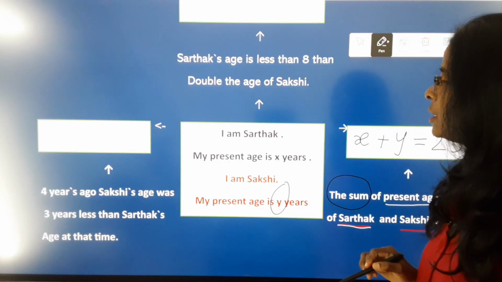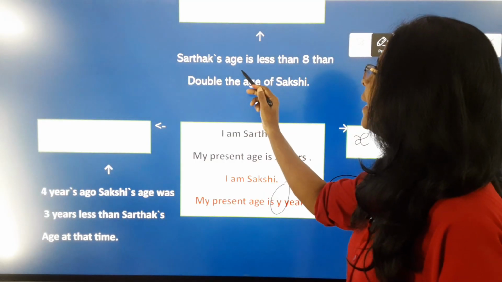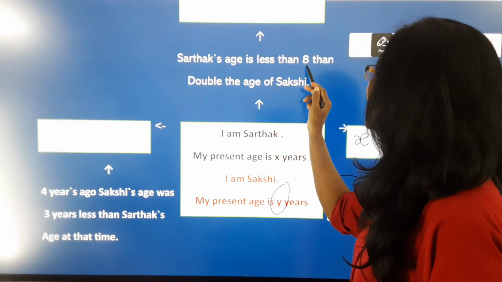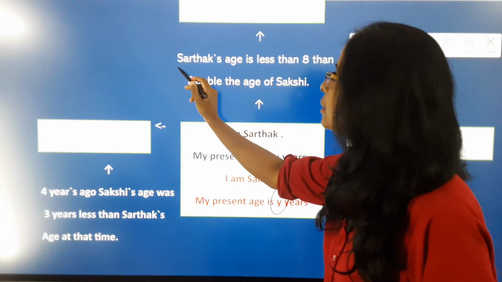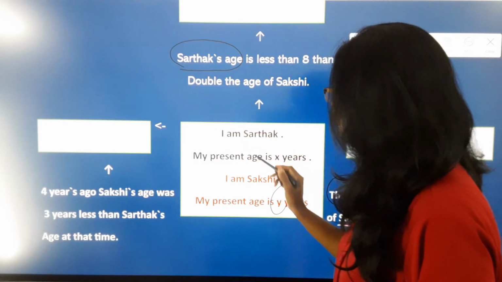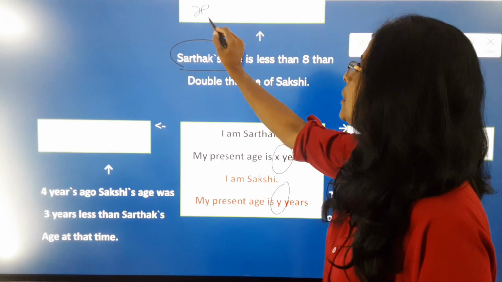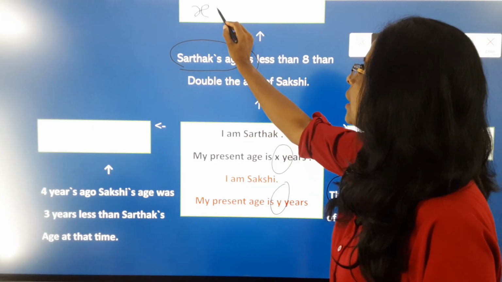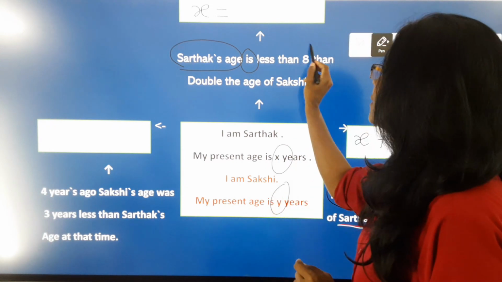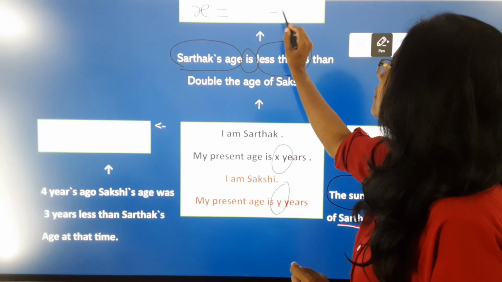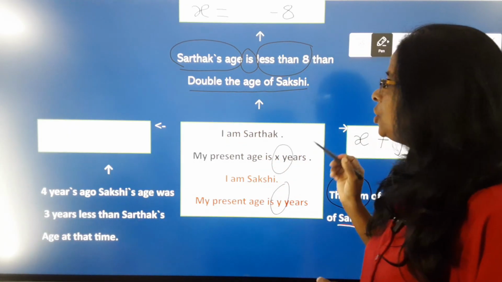Now see the second condition. Sarthak's age is less than 8, then double the age of Sakshi. What is Sarthak's age? x years. So I write here x is equal to less than 8, less than 8 means minus 8, and double the age of Sakshi.